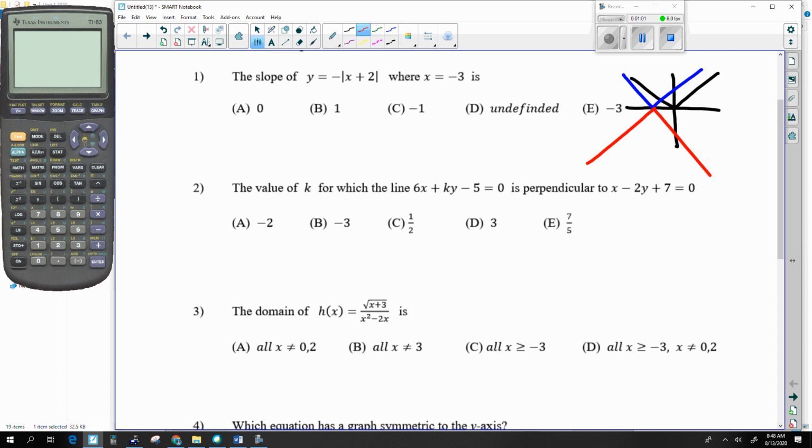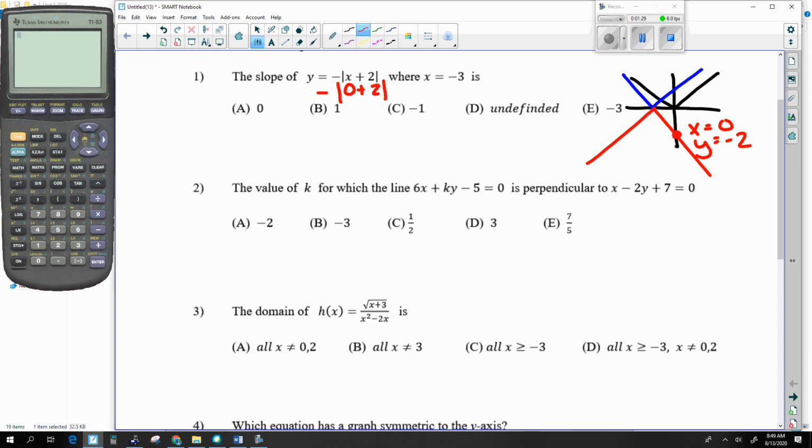And then if you need verification, just test a point. Like if I test when x is equal to 0, plug and chug. That would be 0 plus 2, which is 2, absolute value of 2, which is 2, and then -2. So that checks out with our idea behind what's going on here.